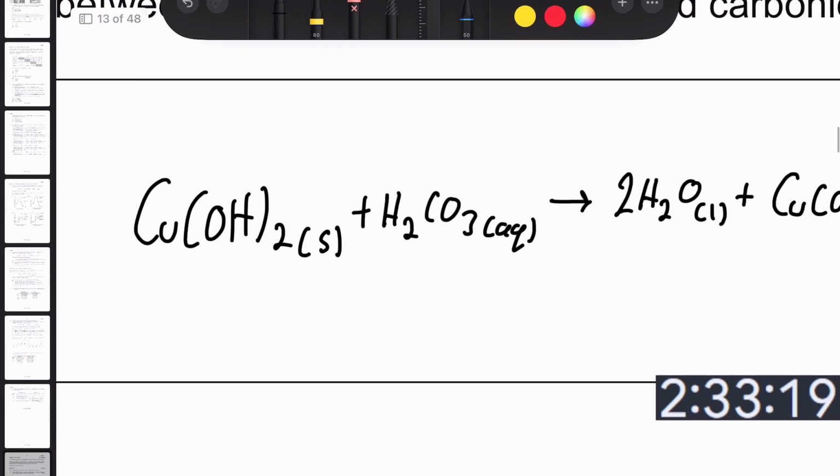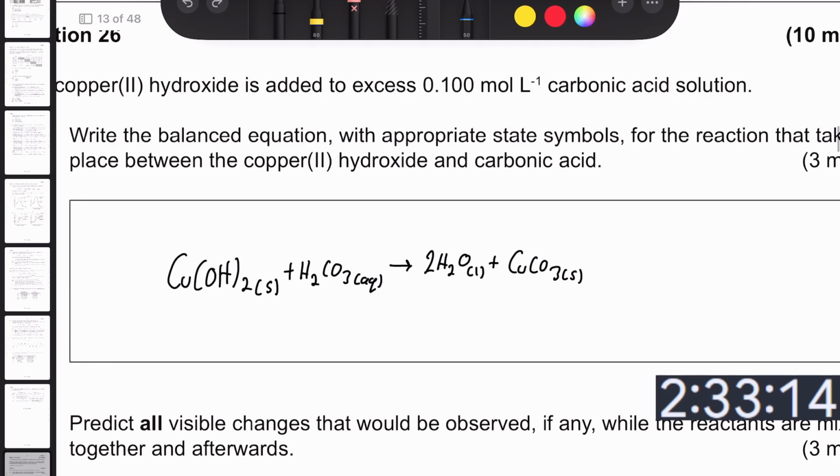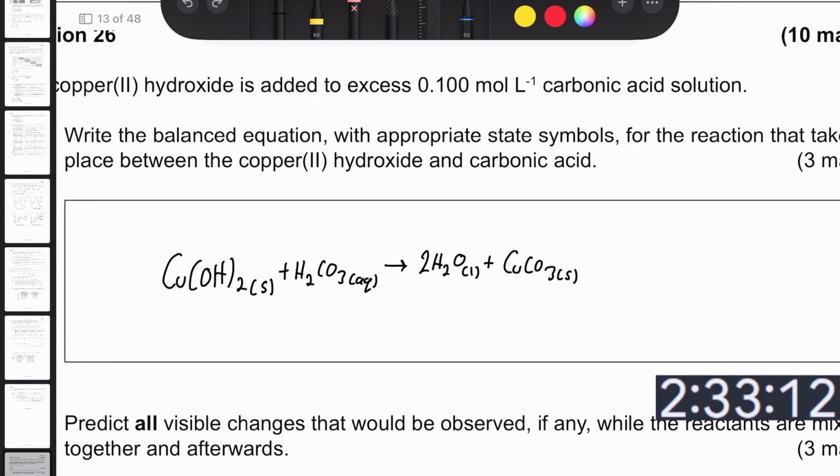Oh wait, no, this is a carbonate reaction. That's not an acid. Carbonic acid.